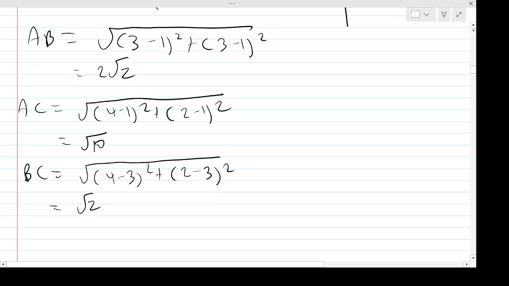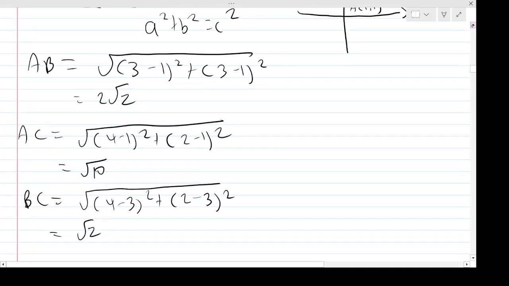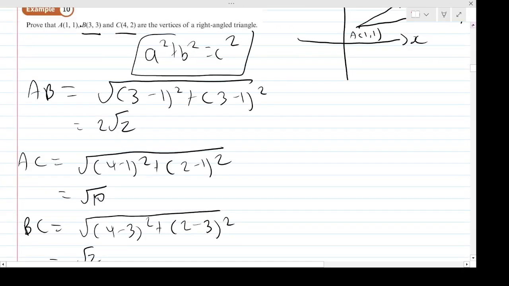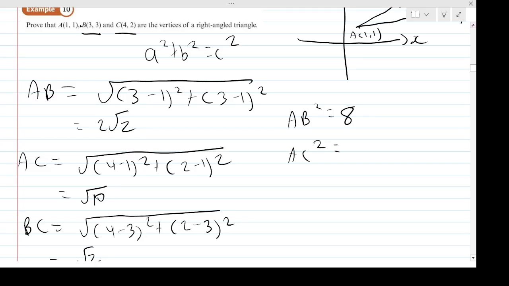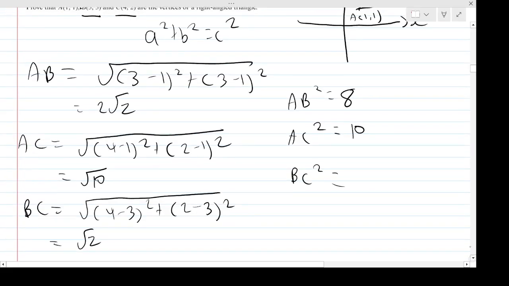So then I need to consider Pythagoras theorem. I need to square all the sides and see what I get. AB squared: AB is 2 root 2, so 2 root 2 all squared is 8. And AC squared, it's root 10, so root 10 squared is 10. And BC squared, it's root 2, so root 2 squared is just 2.